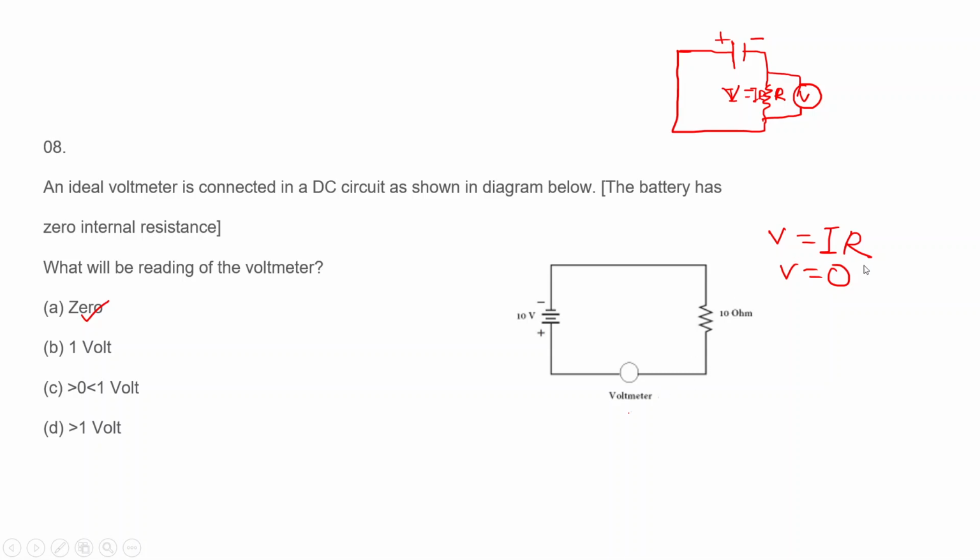We know the formula V is equal to IR. If there is no current, the voltage shown will be zero. I hope that's clear now. We never connect a voltmeter like this, but for this particular problem they have asked us, so the voltmeter will be showing zero reading. Is that clear?